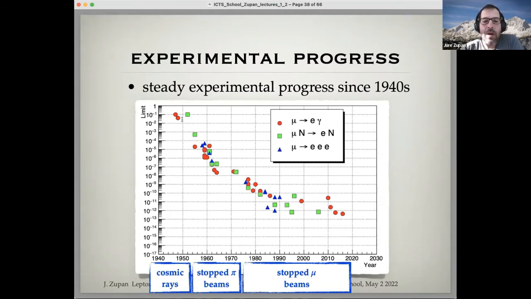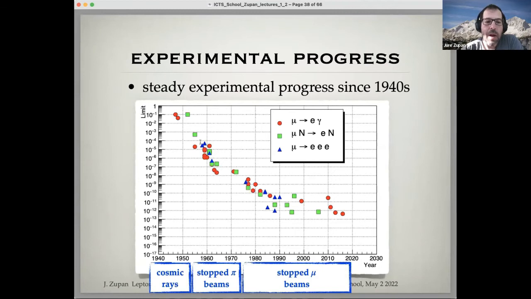The color coding is: red is mu to e gamma. Green is muon conversion inside the field of the nucleons. So take a muon, get it close to the nucleus, and it will convert to an electron if you have new physics. Or you just look at the decay of mu to 3 electrons, e plus e minus e.